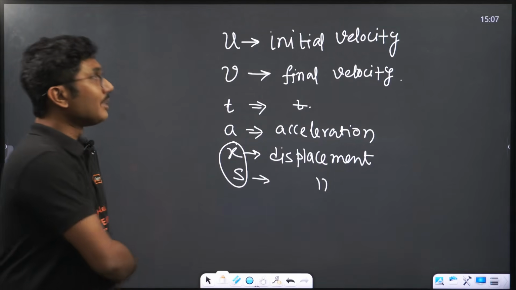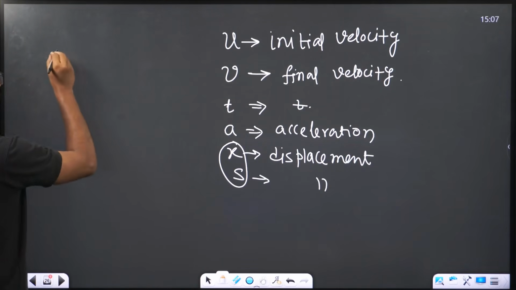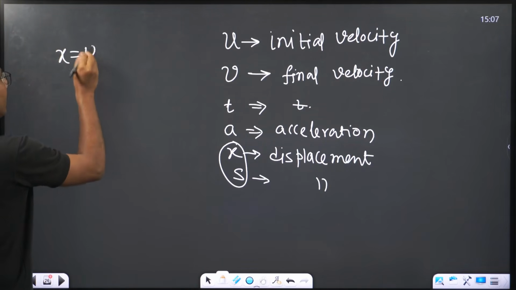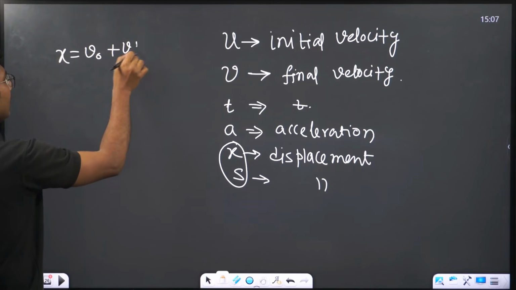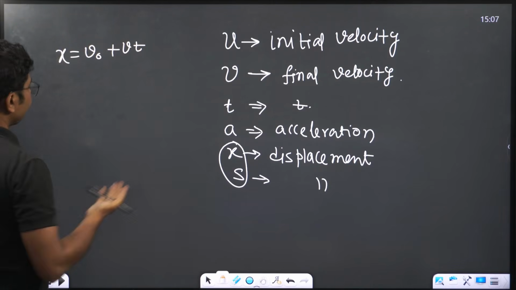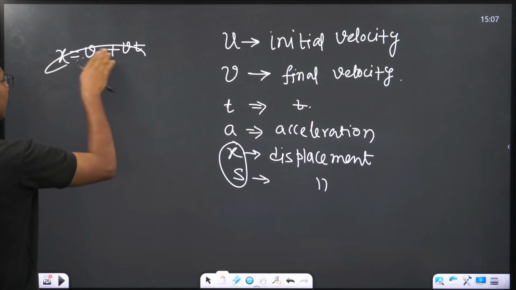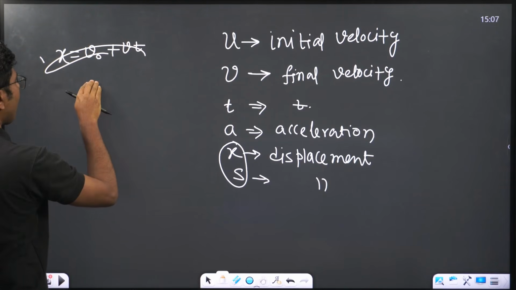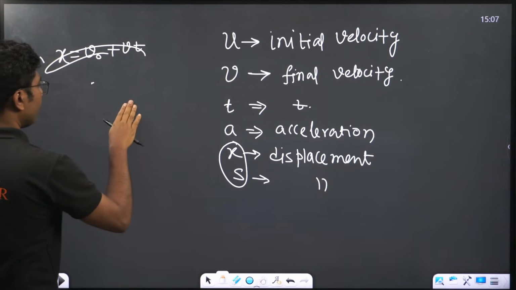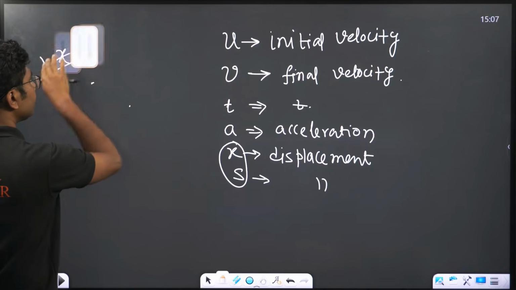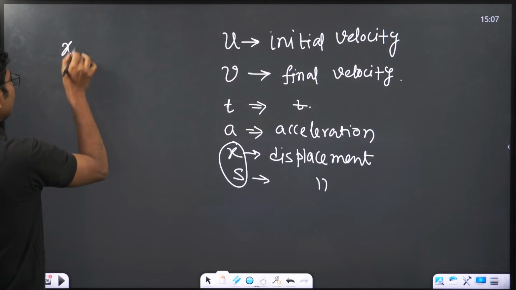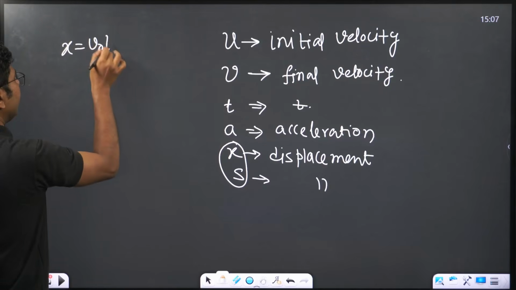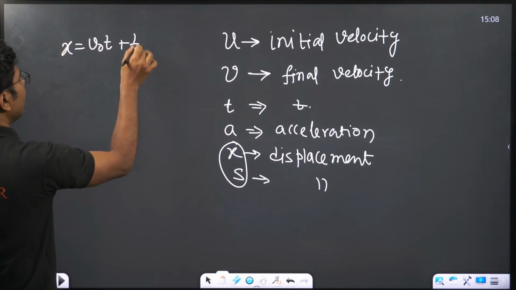Now another important part, in the exam hall they might give you x equals v naught t plus half a t square.